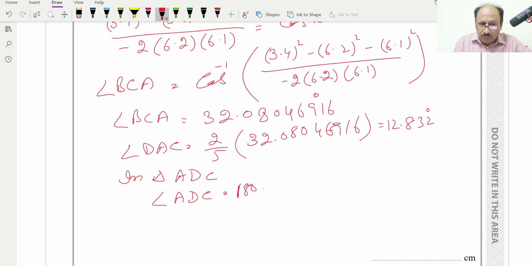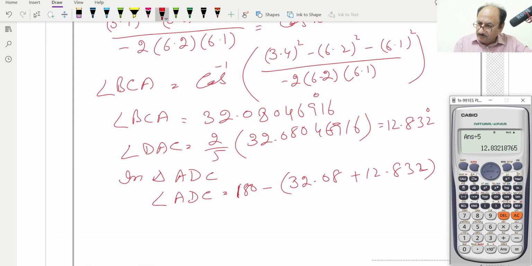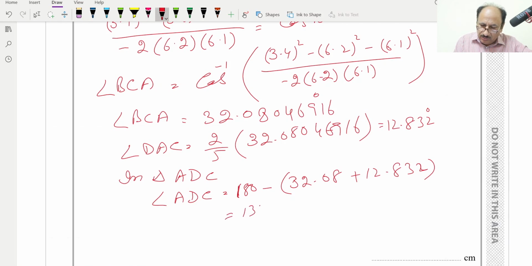We can add these two angles: one is 32.08 plus 12.832, and this will be subtracted. So we can write 180 minus, in brackets, 32.08 plus 12.832, bracket close, and this is equal to 135.088. So this is the angle.